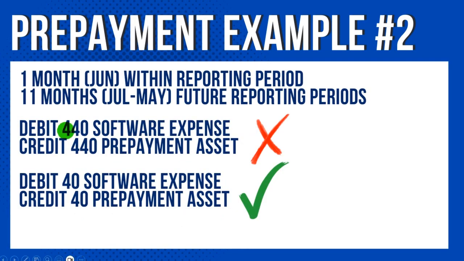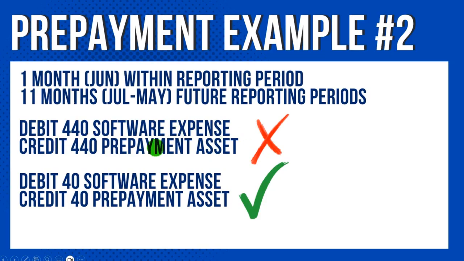Now when it comes to the prepayment reversal for monthly prepayments, if we're doing a reporting period every month rather than every year, you don't want to do one single reversal for debit 440 software expense and credit 440 prepayment asset.